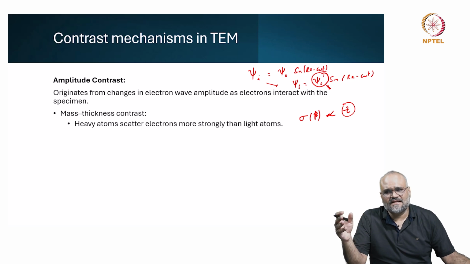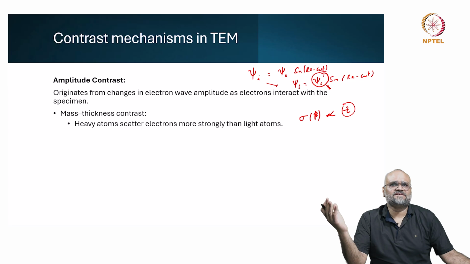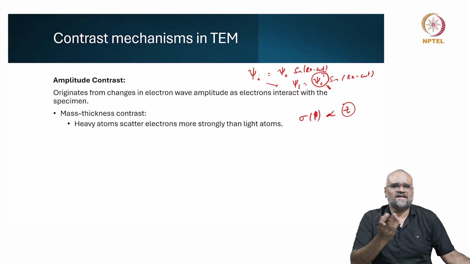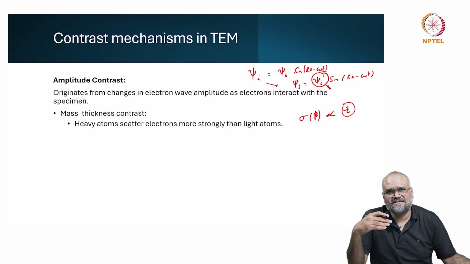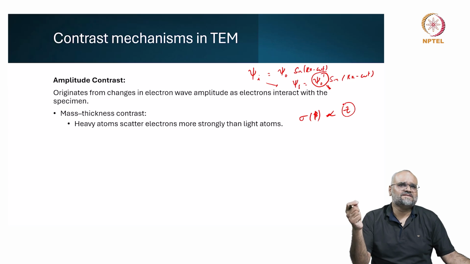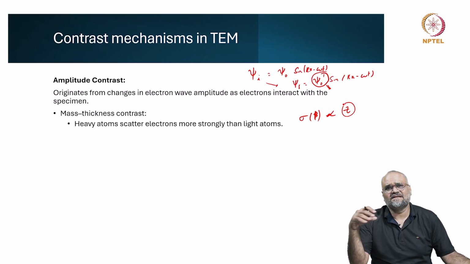the stronger the scattering event. So suppose I have a system with light elements and heavy elements, say aluminum and tungsten. Tungsten is going to deviate the electron beam more strongly, or scatter it more strongly, and you can always determine how much such a heavy atom is going to change the amplitude of the scattered beam.